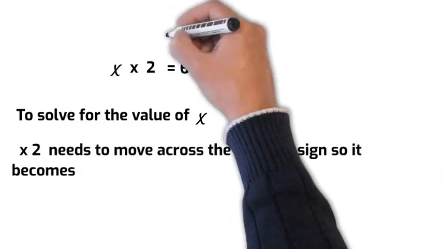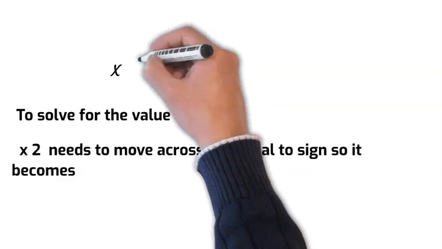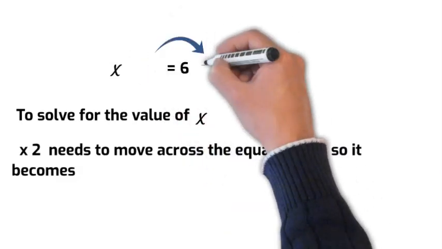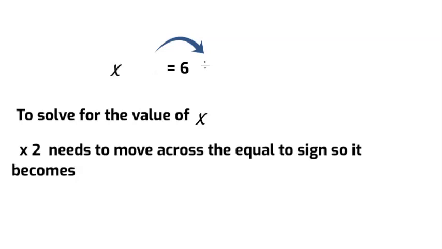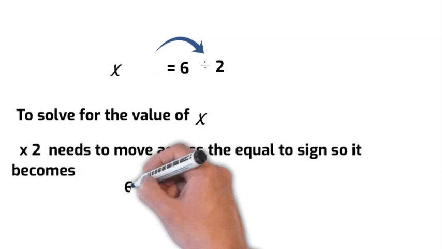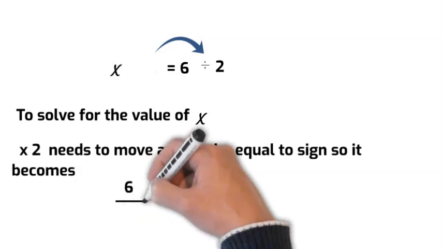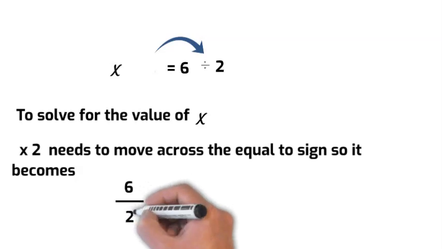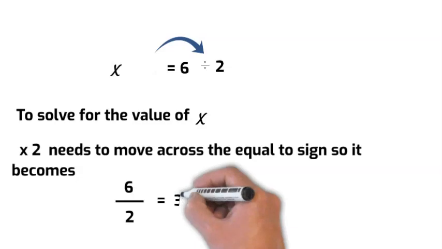So it becomes divisor 2. It changes to divisor 2 as soon as it crosses over the equal to sign. So it becomes 6 divided by 2. 6 divided by 2 is 3.